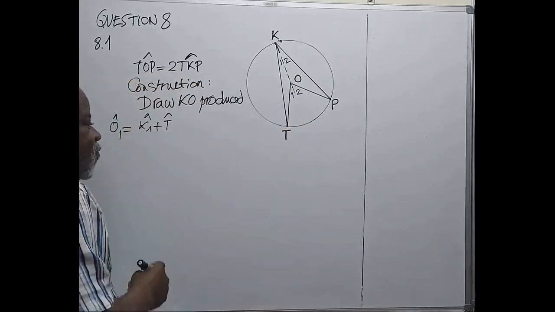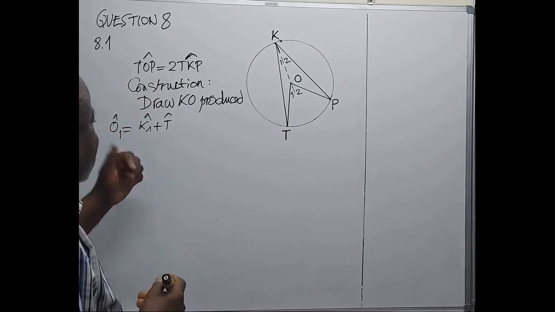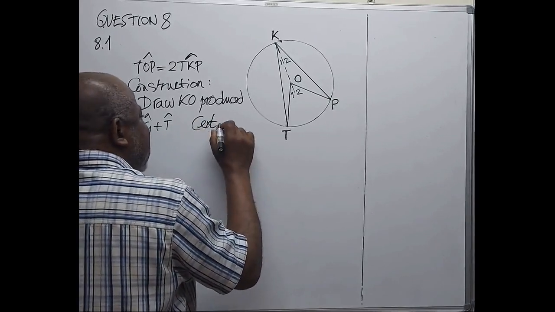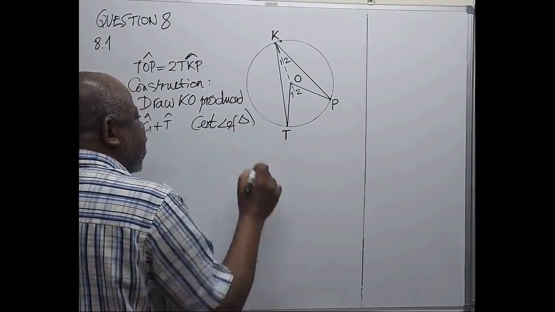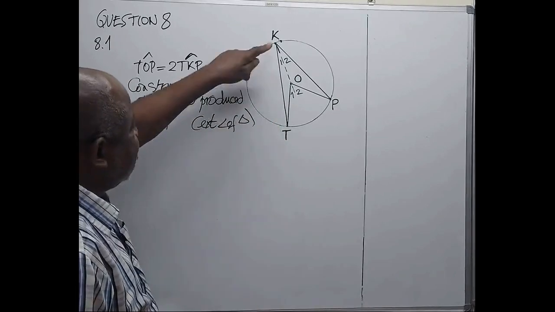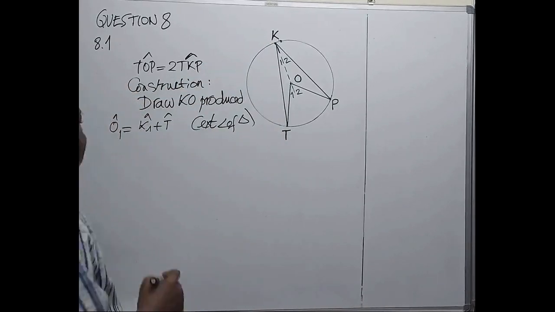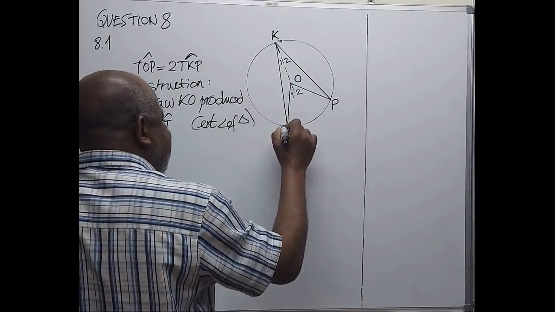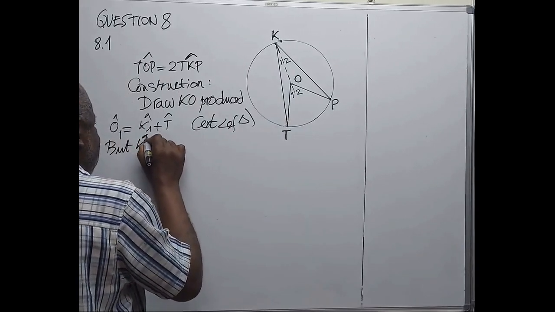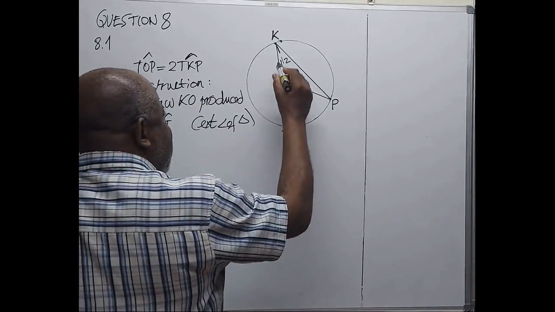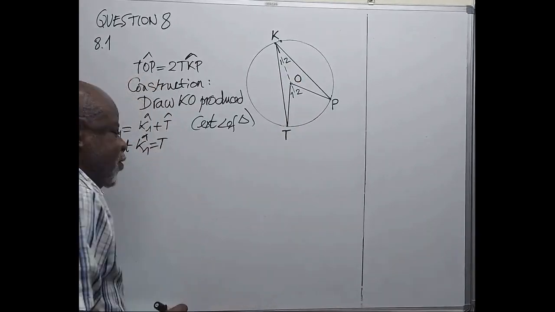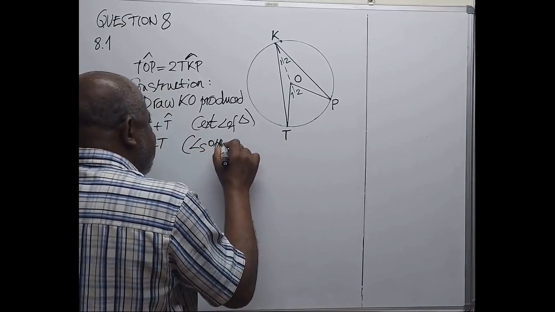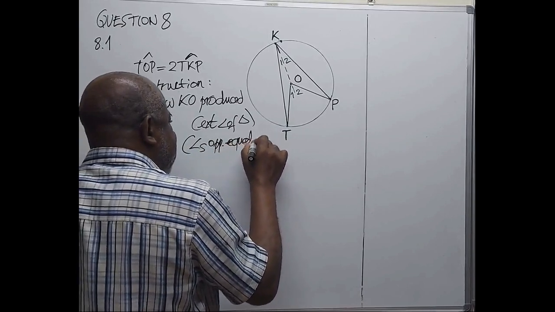Every time you give a statement, you must also give the reason. The reason here is exterior angle of a triangle. O1 will be equal to K1 plus T. But K1 is equal to T. This is a statement, and the reason is angle opposite equal side.